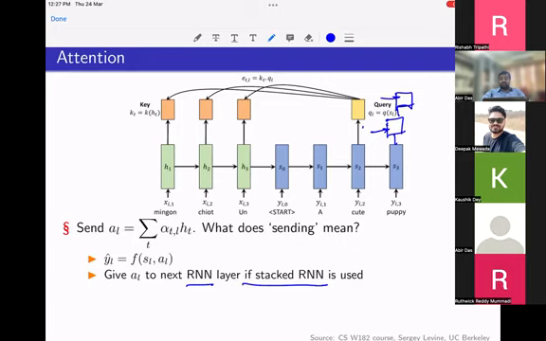It also comes from the stacked RNN from the previous time step, but you can understand. You compute the attention corresponding to this layer at this time step, and you give it as input to the next layer at that time step. You compute the attention at this layer in this time step, and you give it as input to the next layer at the same time step, and so on.